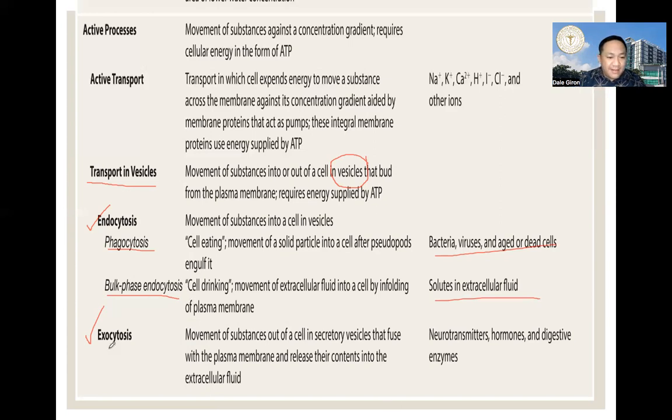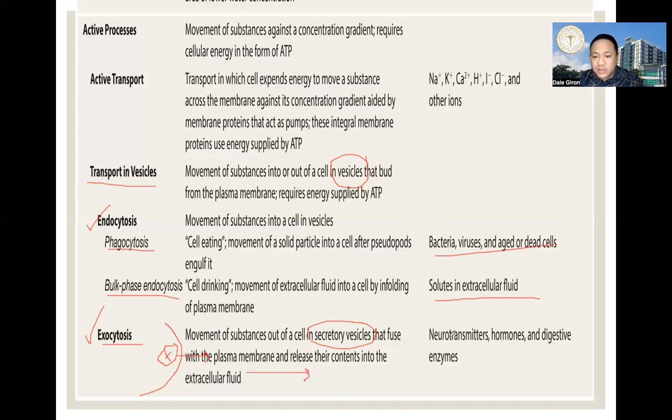Okay. Next is exocytosis. As per definition, it is a movement of substances out of a cell in secretory vesicles that fuse with the plasma membrane and release their contents into the extracellular fluid. So, meaning, the substance goes into the vesicle, it will fuse with the plasma membrane, and after which, the content of this vesicle will be released into extracellular fluid.